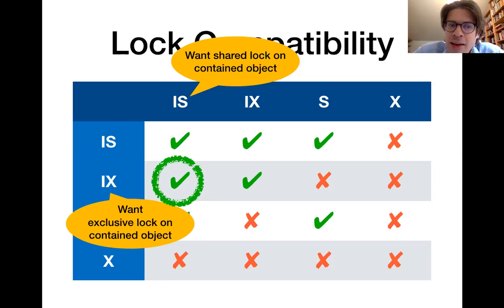But the point is that if you grant an intention shared lock on one table to a first transaction and an intention exclusive lock on that table to a second transaction, at this point things could still go well, because maybe the first transaction is interested in a different row than the second transaction. So we don't know at this point whether two transactions are really interested in the same contained objects or in different ones. And as long as they're interested in different contained objects, like different rows contained in a table, everything is fine.